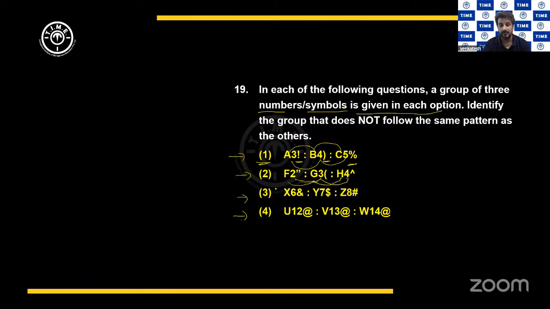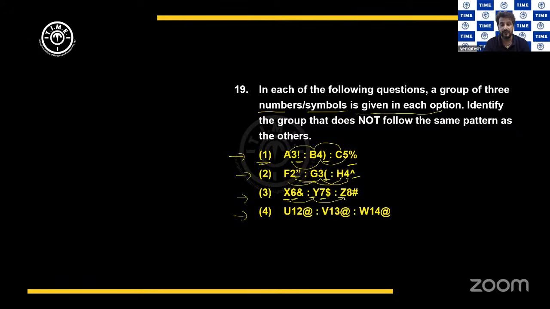Fine. Now, what about symbols? All three are different symbols. Nothing wrong. As of now, first and second are both following the similar logic. Now, coming to the third one, X, Y, Z. Three different letters.